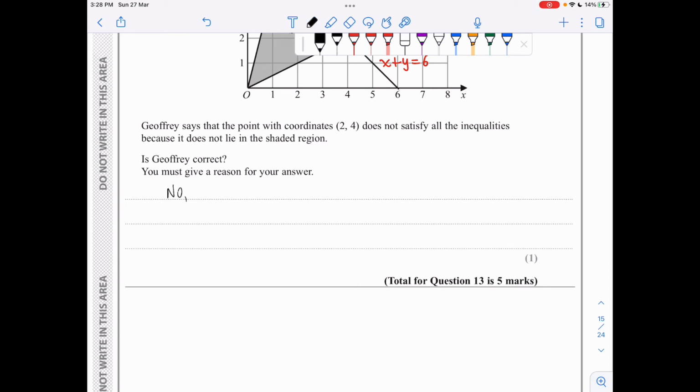The answer is no. And I would say that since the inequalities are inclusive, 2, 4 satisfies all 3 of them, including x plus y less than or equal to 6.